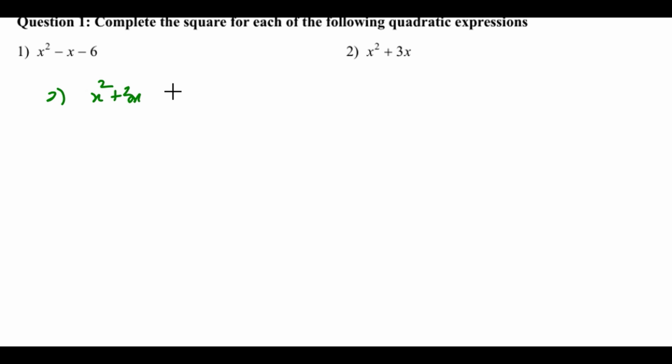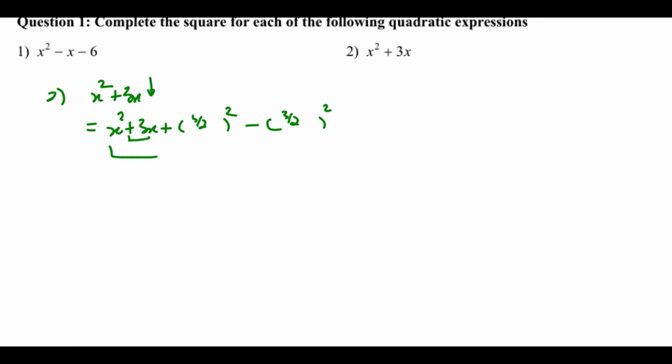So the first step is to write down the first two terms. We add a bracket squared, and then we subtract a bracket squared. There is no other term here, so it looks slightly different to the question we did previously. What goes into both of those brackets is half the coefficient of x. So half of plus 3 is 3/2.